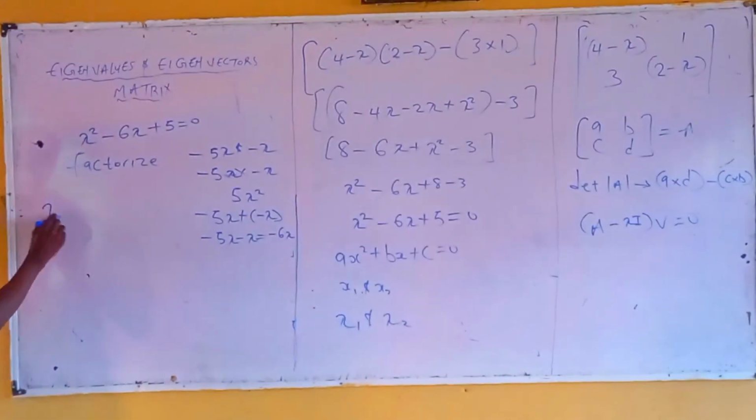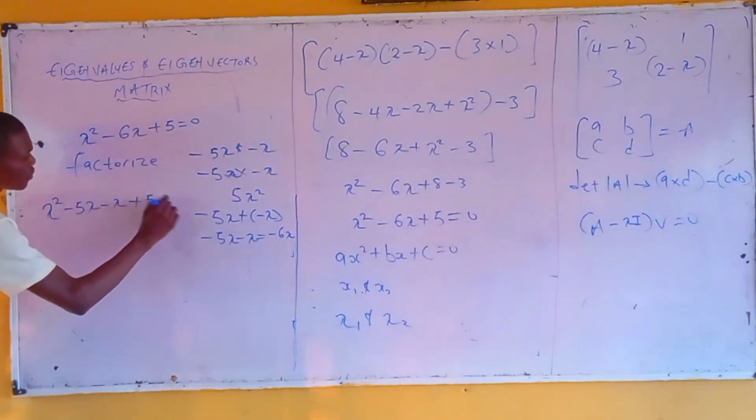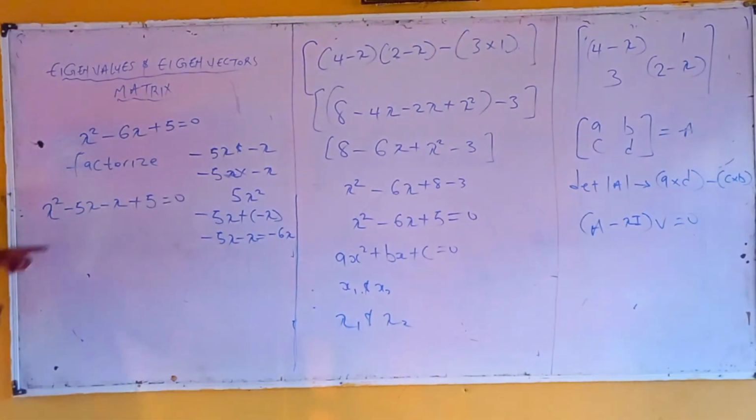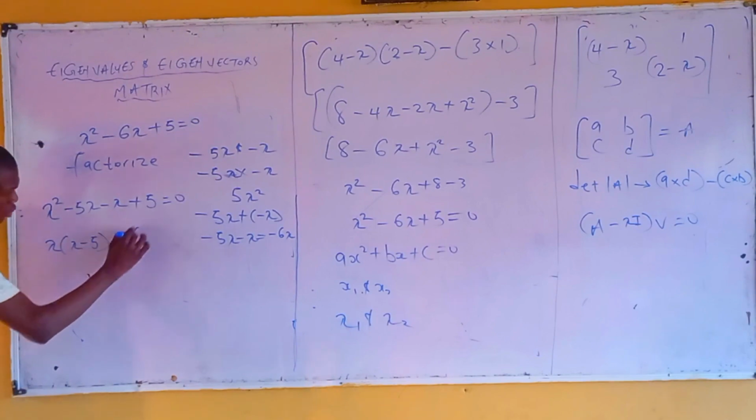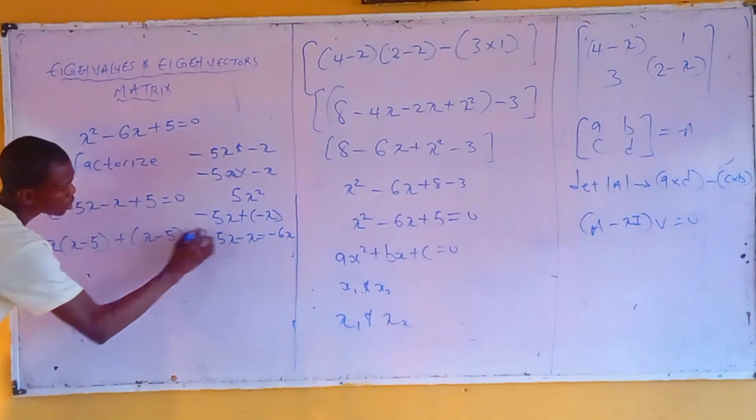Then lambda squared minus 5 lambda minus lambda plus 5 equals 0. From here, you have lambda in brackets, lambda minus 5, plus, there is an invisible 1 here, it's minus 1, so minus 1 times lambda minus 5 equals 0.